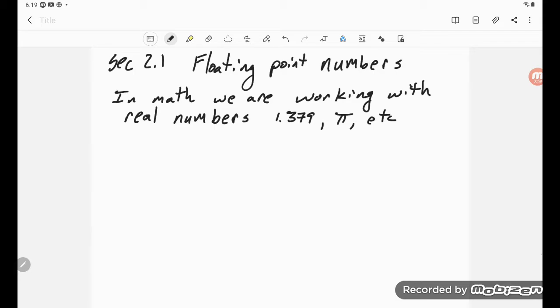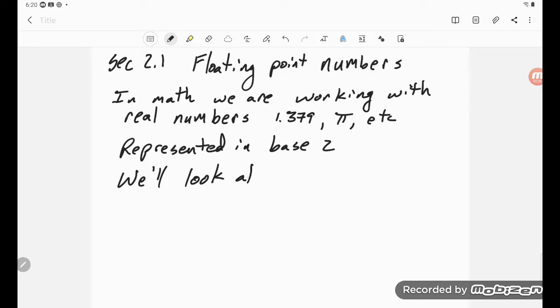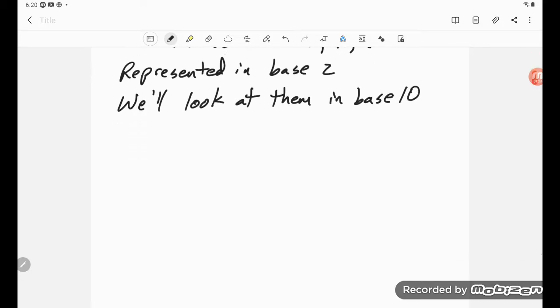Now, you need to have some idea how floating point numbers work. They would actually be represented in base 2. We'll look at them in base 10, since that's what we're familiar with.